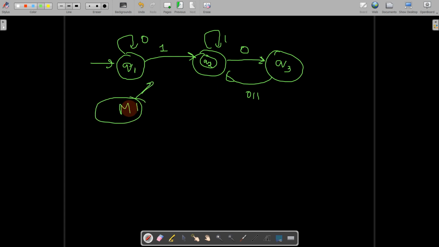This is the state diagram for this machine M1, and we have to identify what this machine computes.